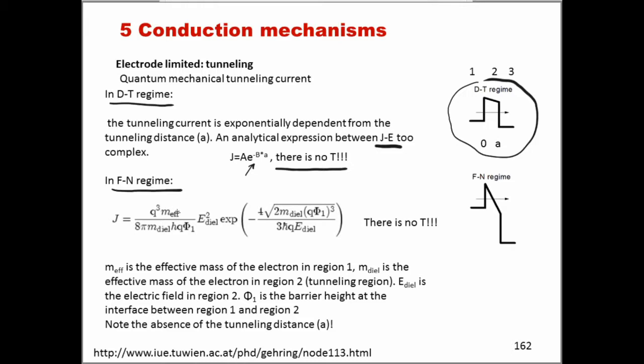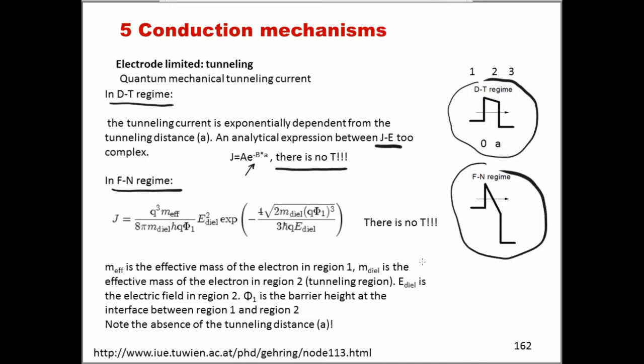Also for Fowler-Nordheim, we have in this case tunneling through a triangular barrier, as shown here.